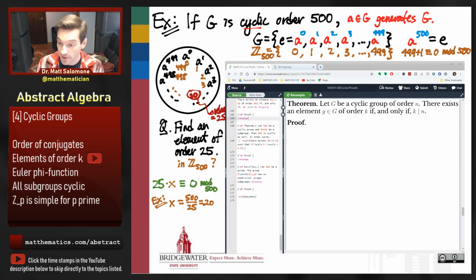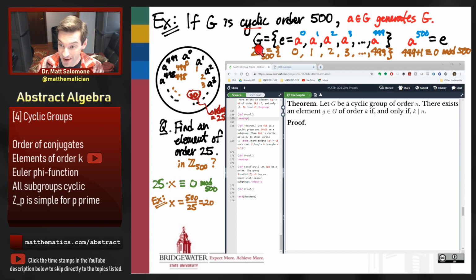But then if we want to bring this back to the abstract group G, what element would we be talking about? Well, the sameness relationship that I've set up here between G and Z500 is just the relationship of taking the exponent which we've placed on our generator and using that as the integer, the residue class of integers mod 500 that were being represented down here.